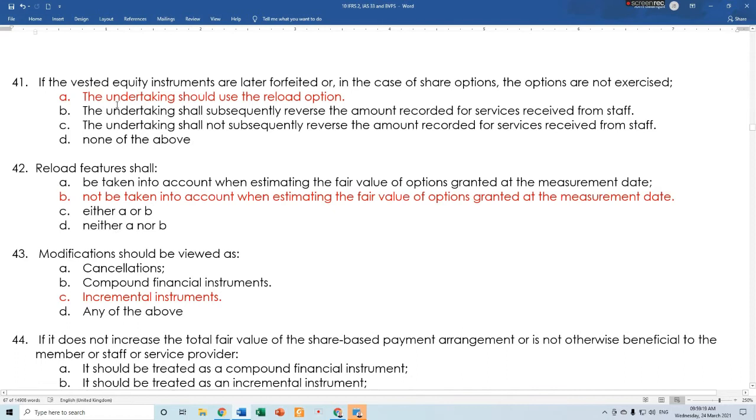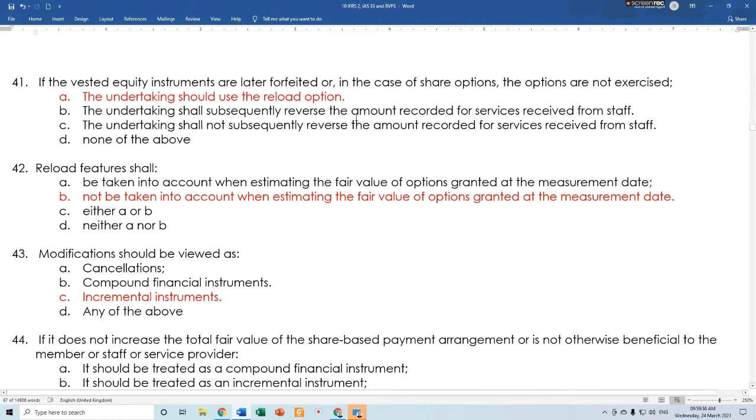41, if the vested equity instruments are later forfeited or in the case of share options, the options are not exercised, anong gagawin? Letter A, the undertaking should use the reload option. Okay, so ano yung reload option?